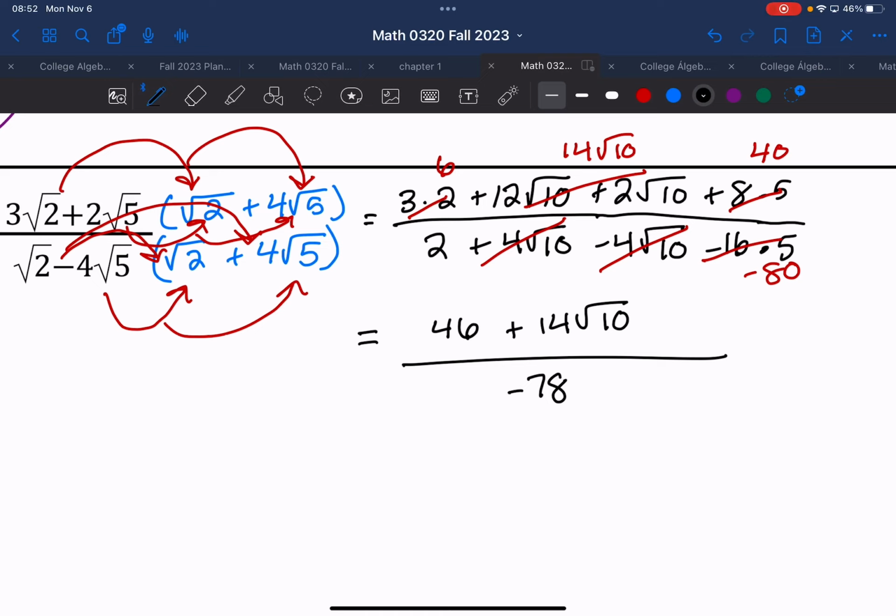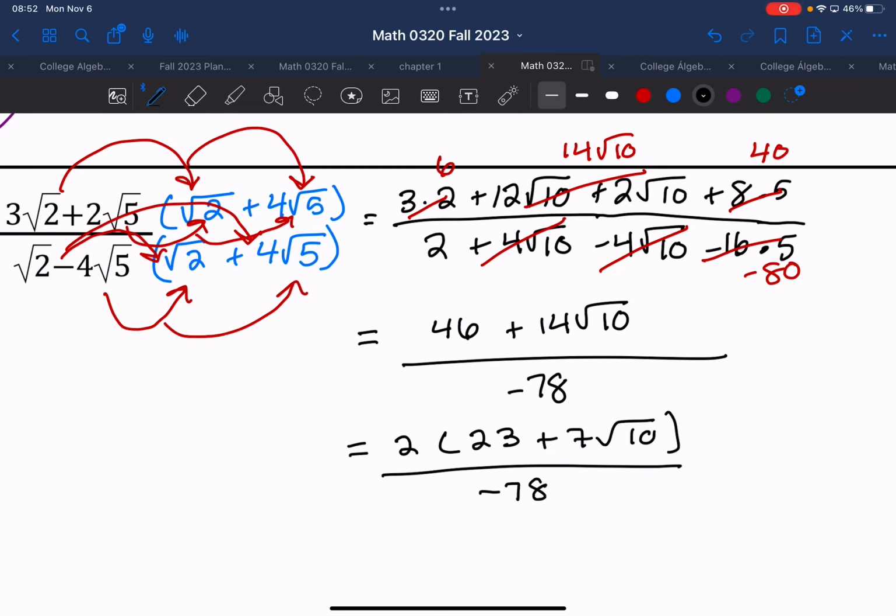Okay? Before we say this is the answer, we have to see if we can take out a GCF from the top. Is there a GCF that we can take out of 46 and 14? 2. So that means we would have 23 plus 7 square roots of 10 over negative 78.